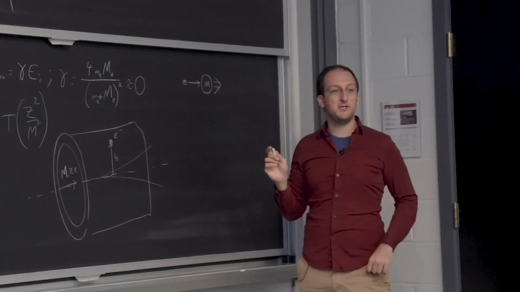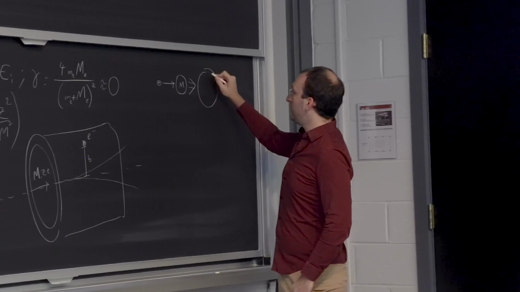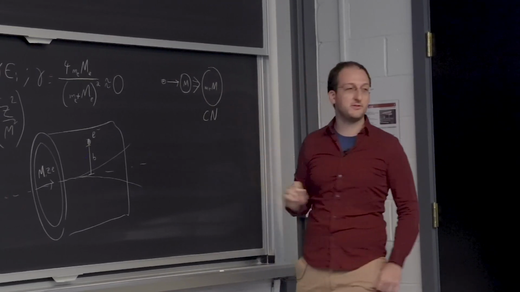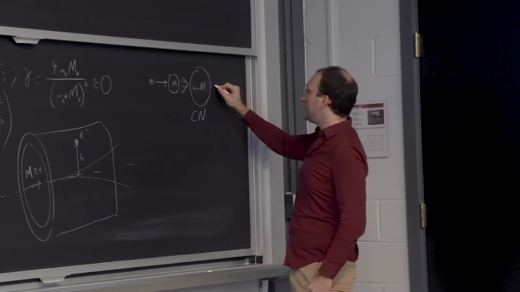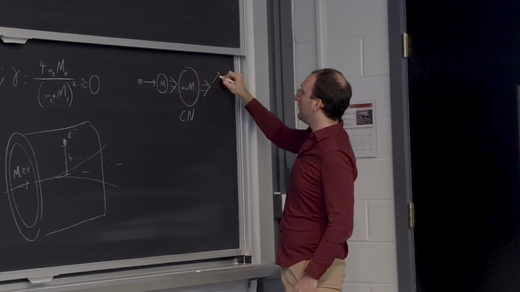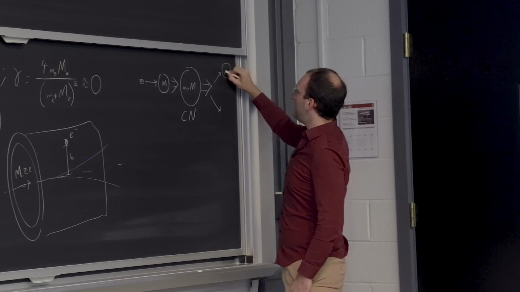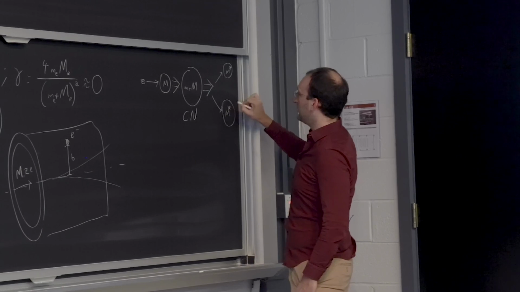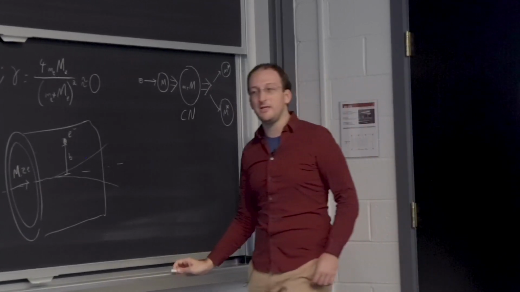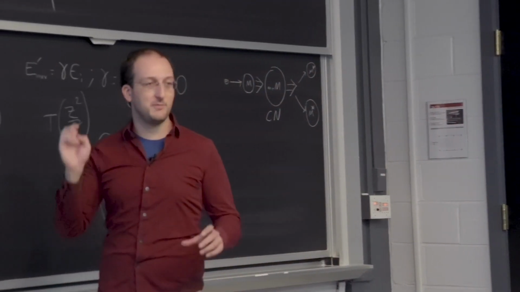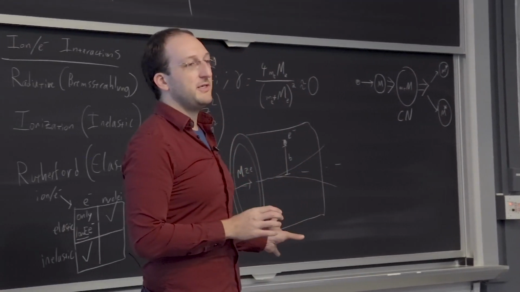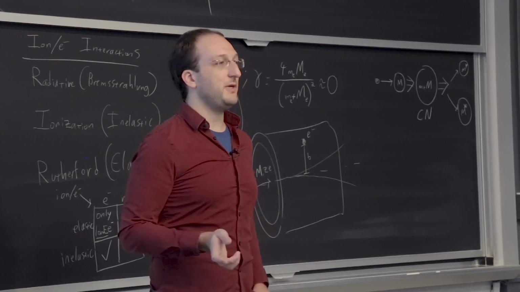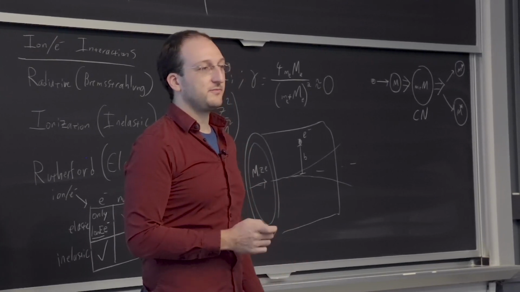In an inelastic collision, these two nuclei join together to form what's called a compound nucleus, or CN, at which point it breaks apart in some other way. So there might be some different small particle and some different large particle coming off. But in an inelastic collision, it's almost like the incoming particle is absorbed and something else is re-emitted. It could be that same particle at a different energy, and it could be a different energy altogether.